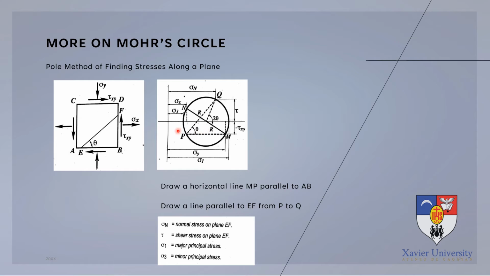You have to project that, and then draw a line parallel to EF, and then we will arrive at your point Q, wherein the coordinates or ordinates will be the normal stress and the shear stress of our plane EF respectively.